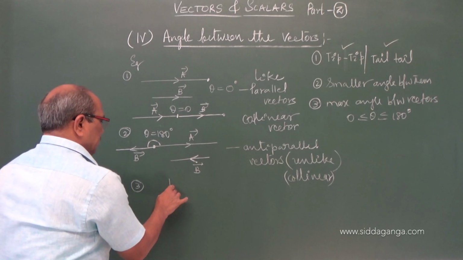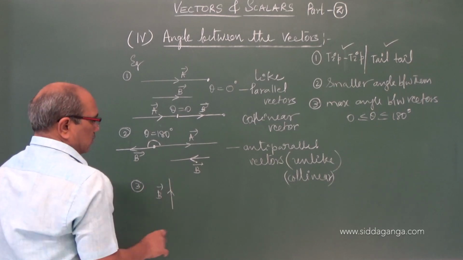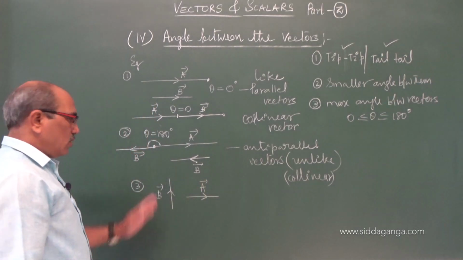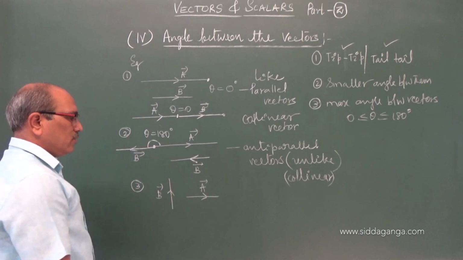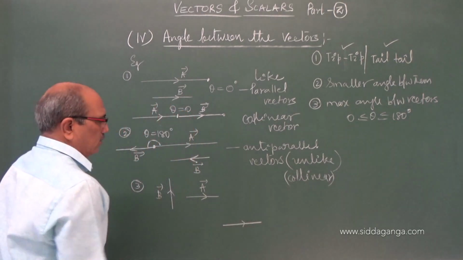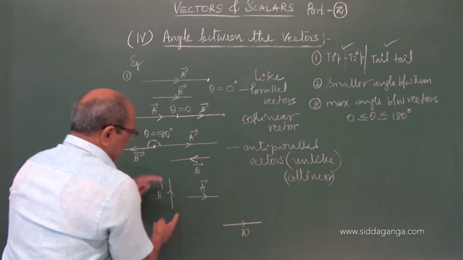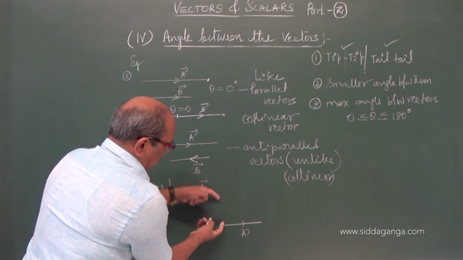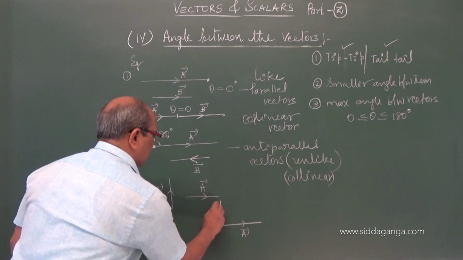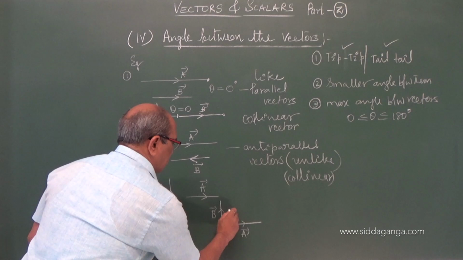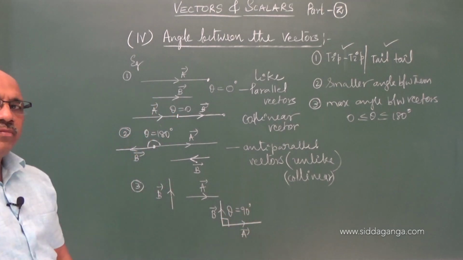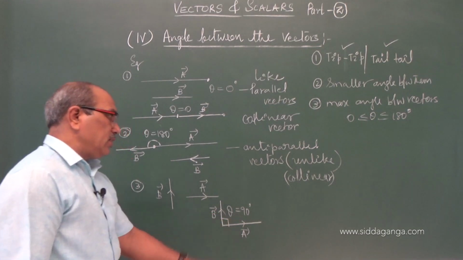One vector is acting like this, B, and the another vector is A, vertical and horizontal. I can make this also like this, vector A, and if I slide it down, I can write it like this. This is the vector B. Angle between them is 90 degree.